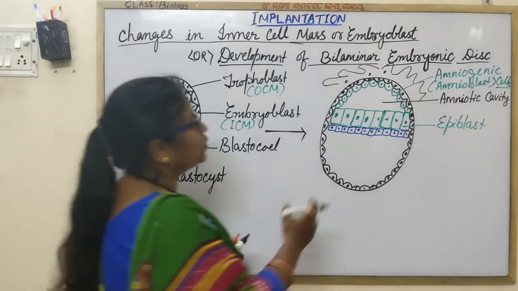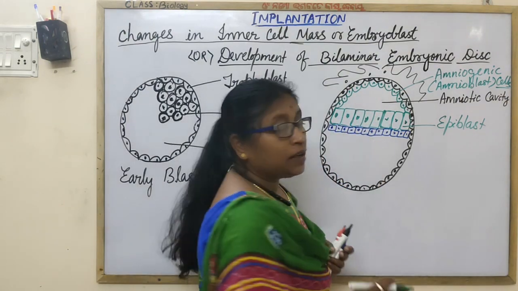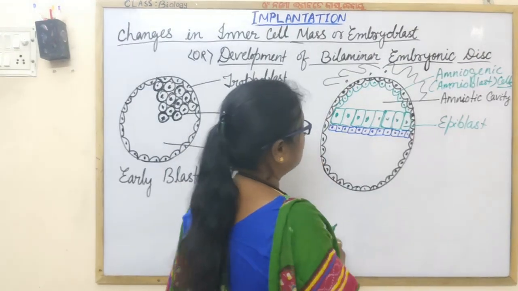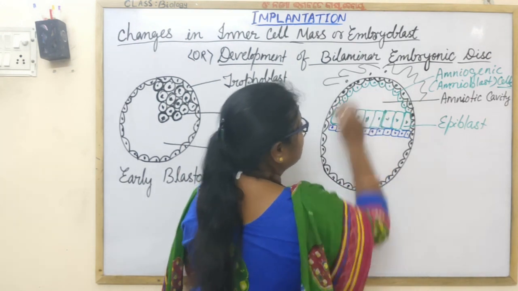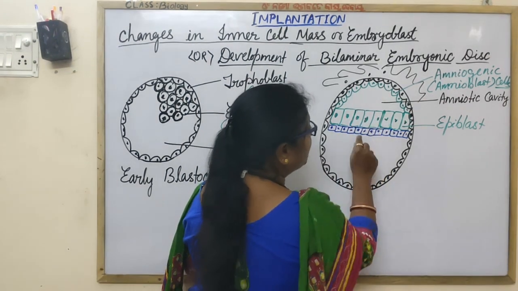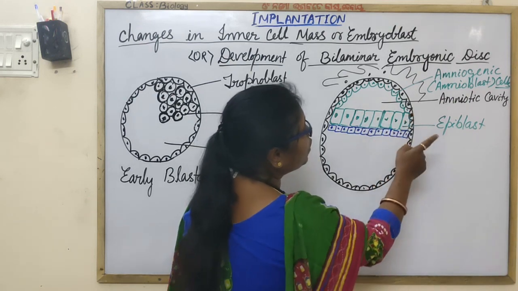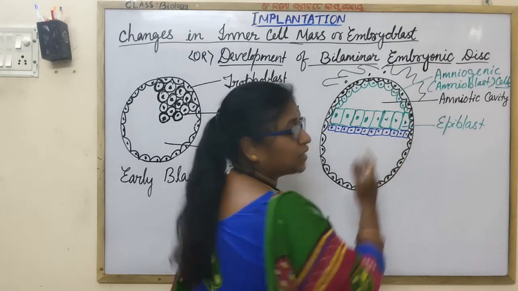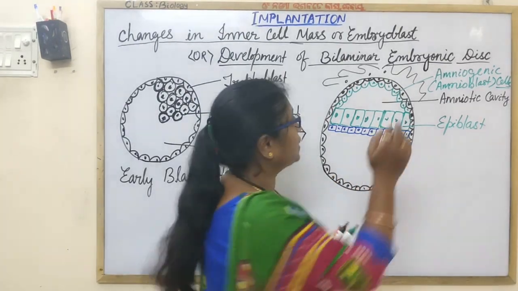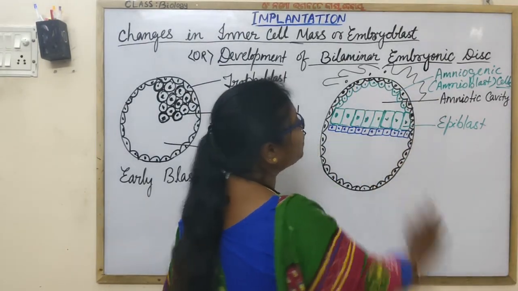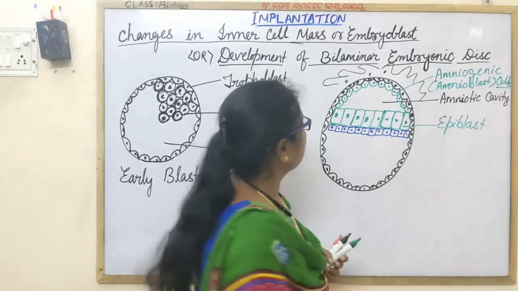Okay. So a cavity is produced in between the epiblast and trophoblast, that is called the amniotic cavity, whose floor is epiblast and roof is amniogenic cells derived from trophoblast.